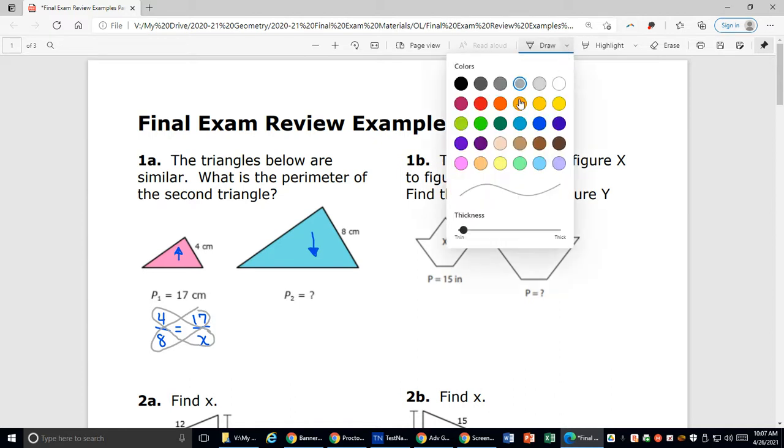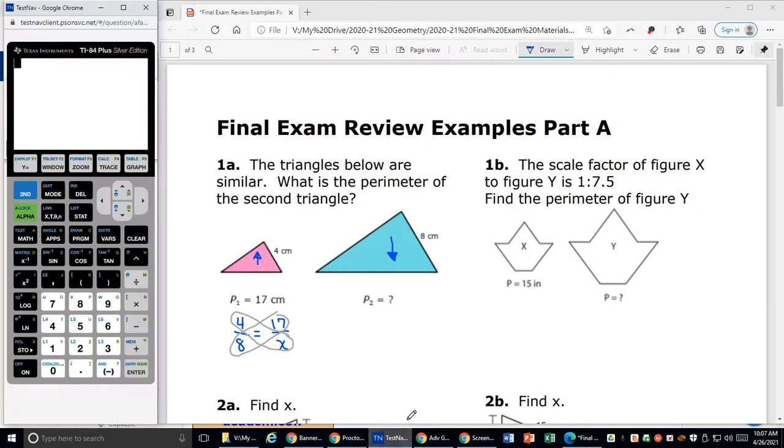All right, so when I cross multiply, the first thing I'm going to do is grab my calculator, which I already have open, and I'm going to do 4 times x equals 8 times 17, which is 136.